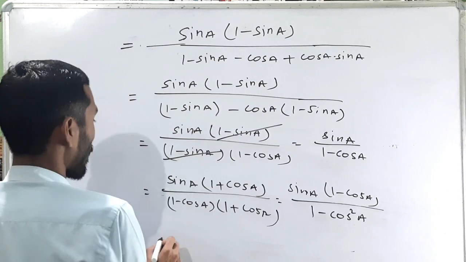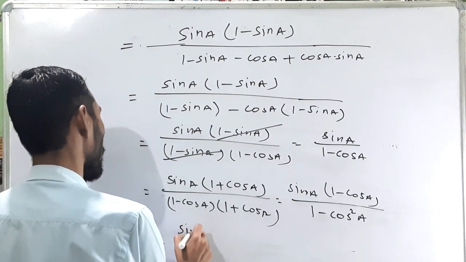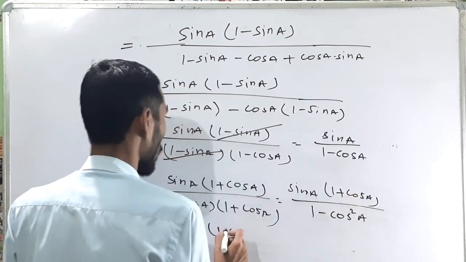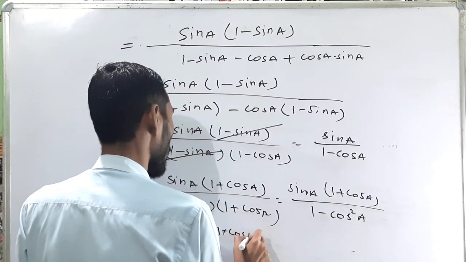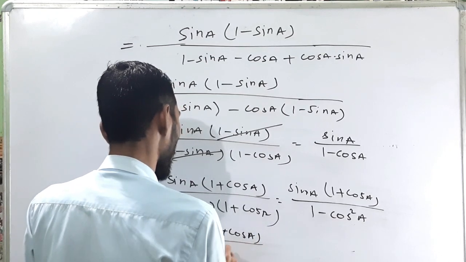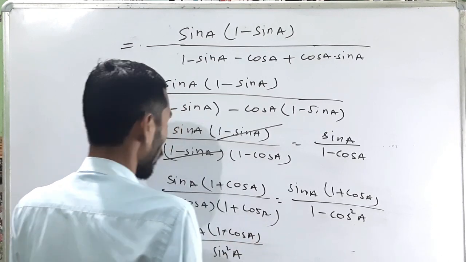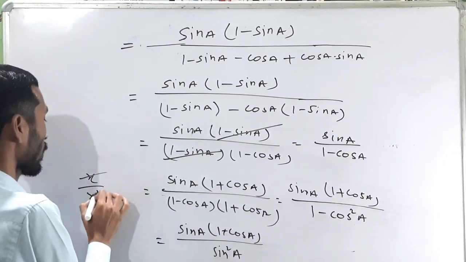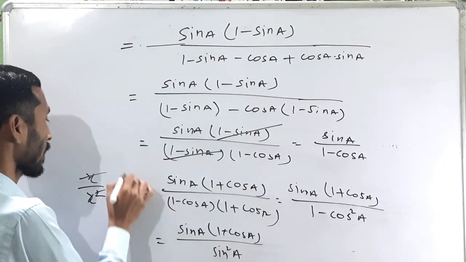And what will happen after that? Sin A into 1 plus cos A, and this is sin square A. We can cancel out x by x square, like x to a square cancels, that's why 1 by x we can write here.